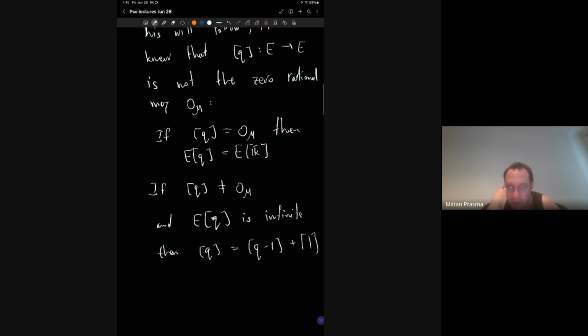Maybe the thing we want to use here is that a rational map that is not constant has to be surjective. Once I know it is not the zero map, I know it's not constant, because this map maps 0 to 0, so it cannot be constant, hence it's surjective.